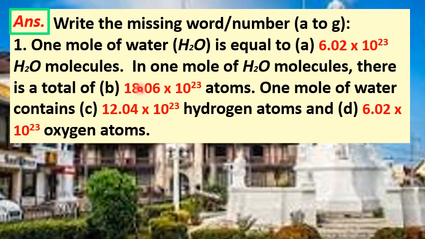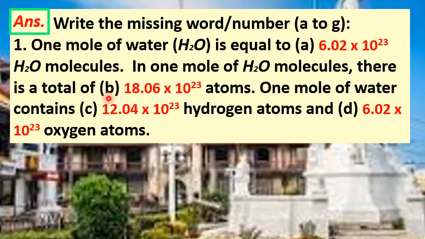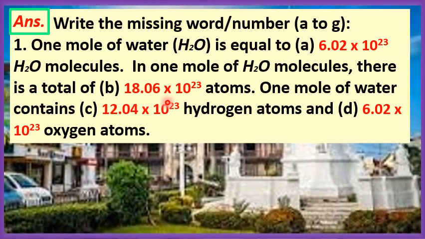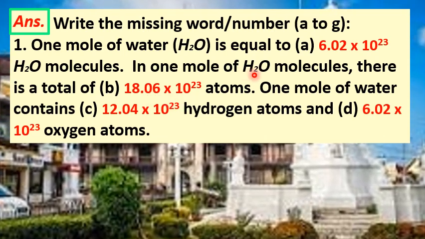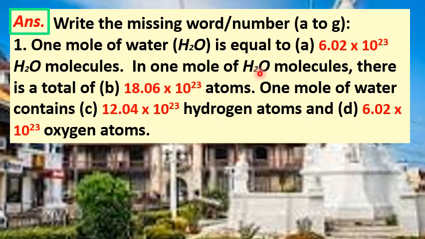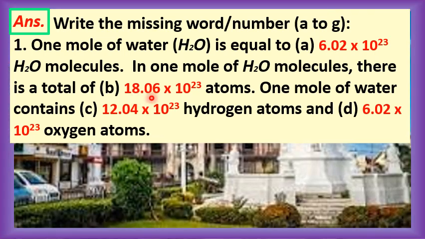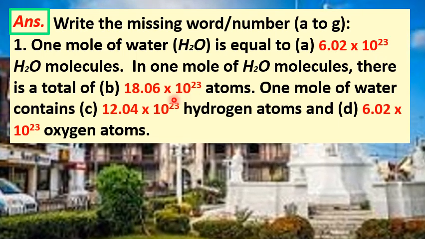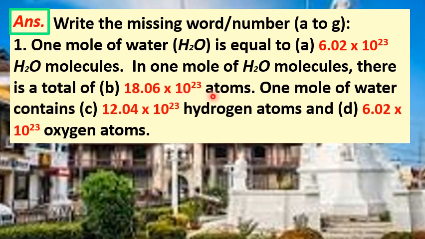But what we are asked is the actual number of hydrogen and oxygen atoms in 1 mole. So, since there are three atoms, we just multiply Avogadro's number, 6.02 times 10 to the 23rd power, times 3, and that gives us 18.06 times 10 to the 23rd number of atoms.